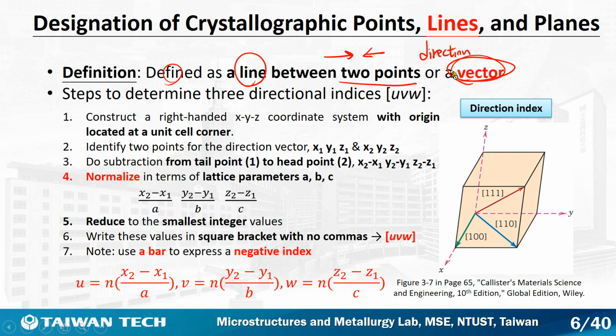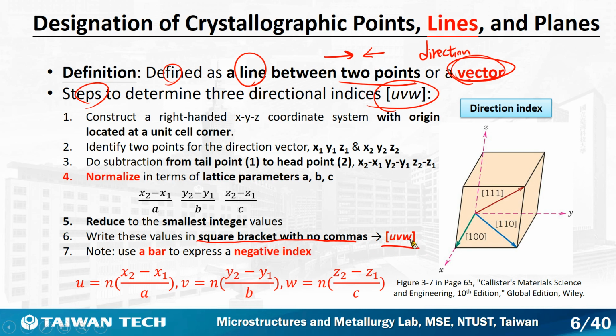And we have several steps to determine these directional indices. We write it as UVW with square brackets and with no commas. Okay, here, square brackets with no commas, UVW.